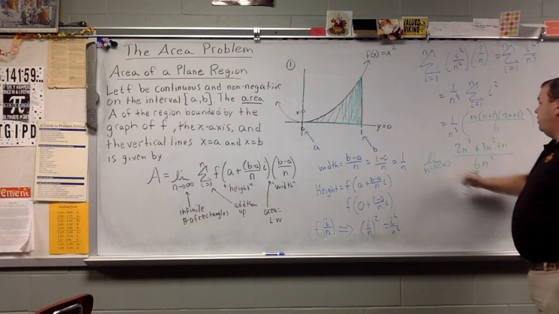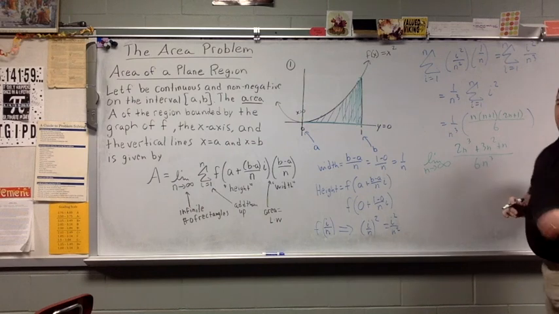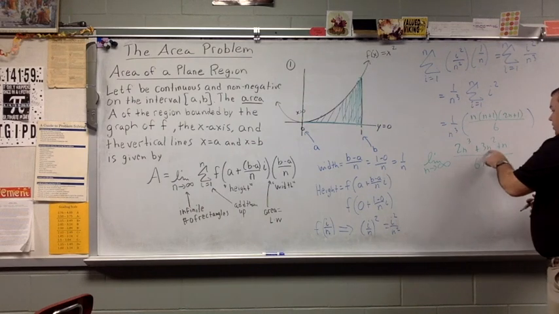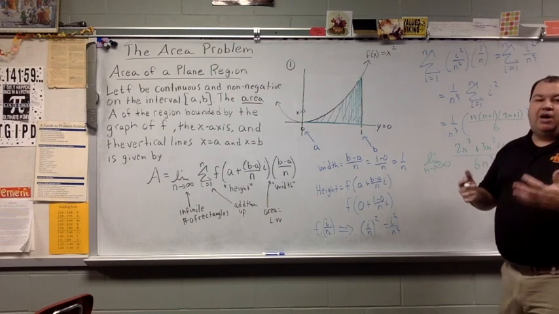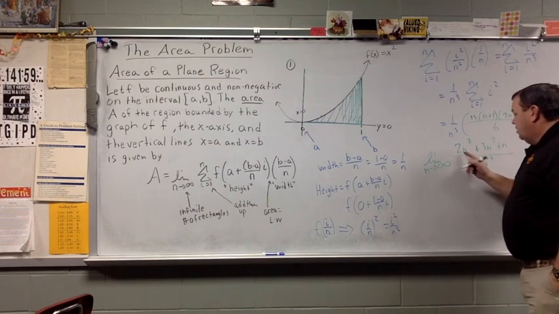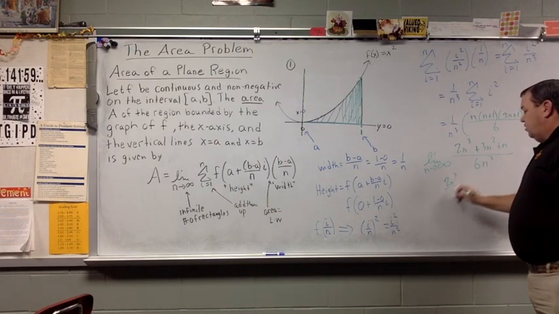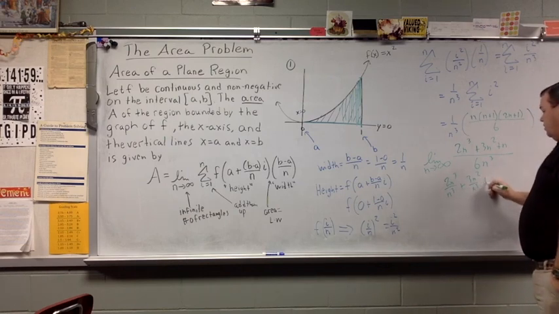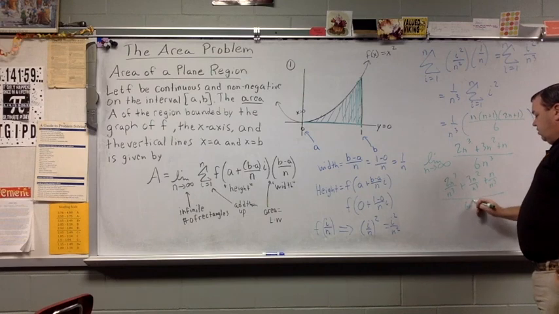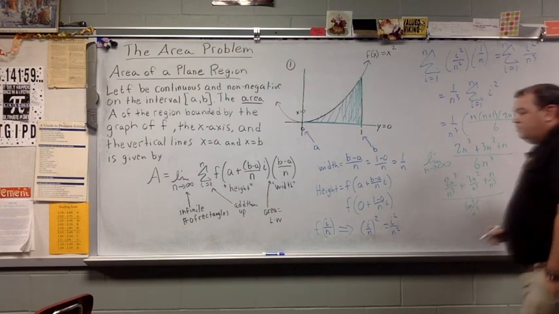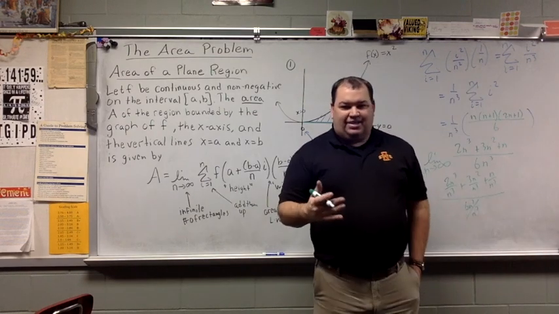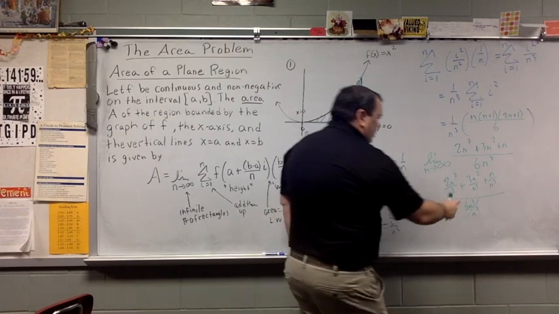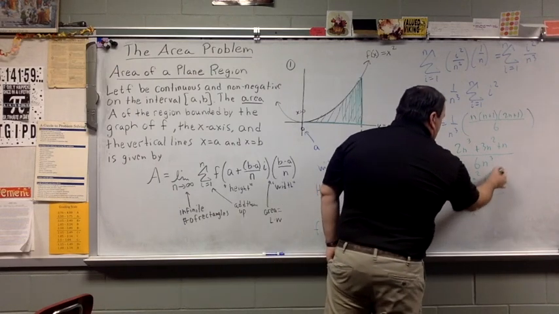Once we get to this point, the calculations are very easy. I'm going to divide everybody by the largest power of n that I see. This gets divided by n cubed. This gets divided by n cubed. This gets divided by n cubed. And the denominator gets divided by n cubed. Anybody who still has an n left on the bottom is going to go to 0.